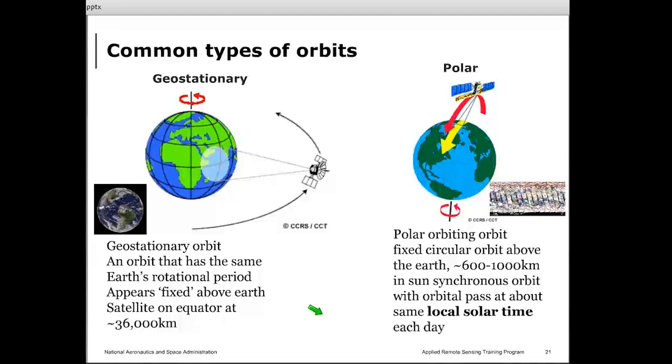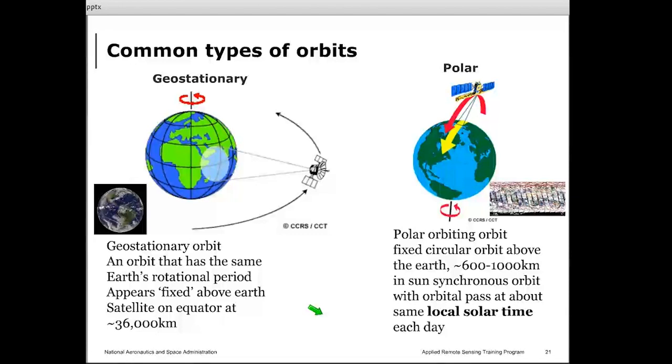But the geostationary orbit is generally a high Earth orbit, approximately 36,000 kilometers above the Earth's surface. So any satellite in the geostationary orbit is located around 36,000 kilometers above the Earth's surface.